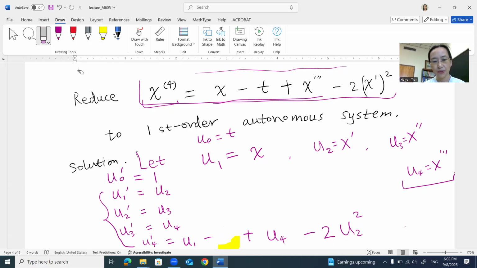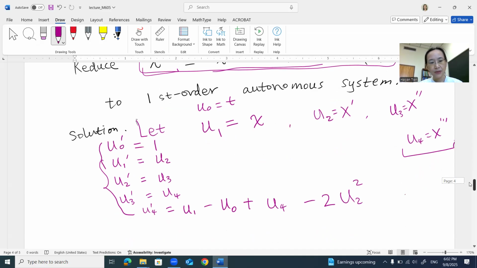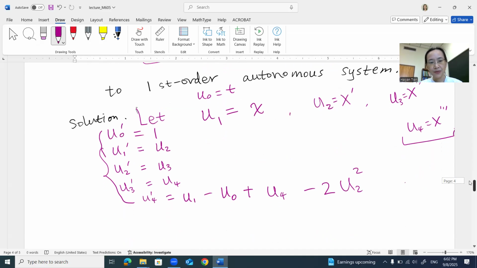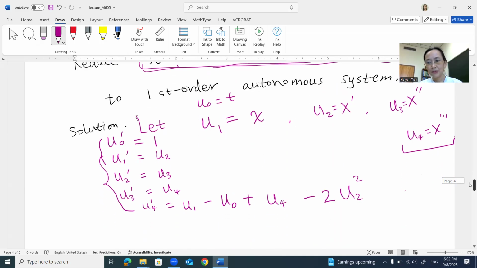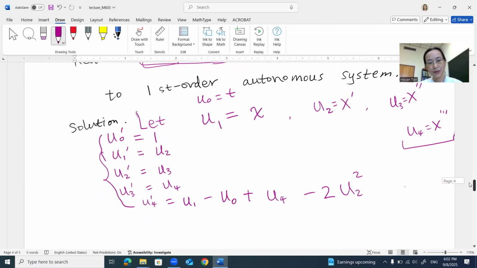Okay, so now let's replace it with u naught, whose derivative is 1. Therefore, we have one more equation. So now look at the system. Again, it is a system of first order. Also, it is autonomous. So the fourth order non-autonomous problem has become first order autonomous, but with 5 equations.